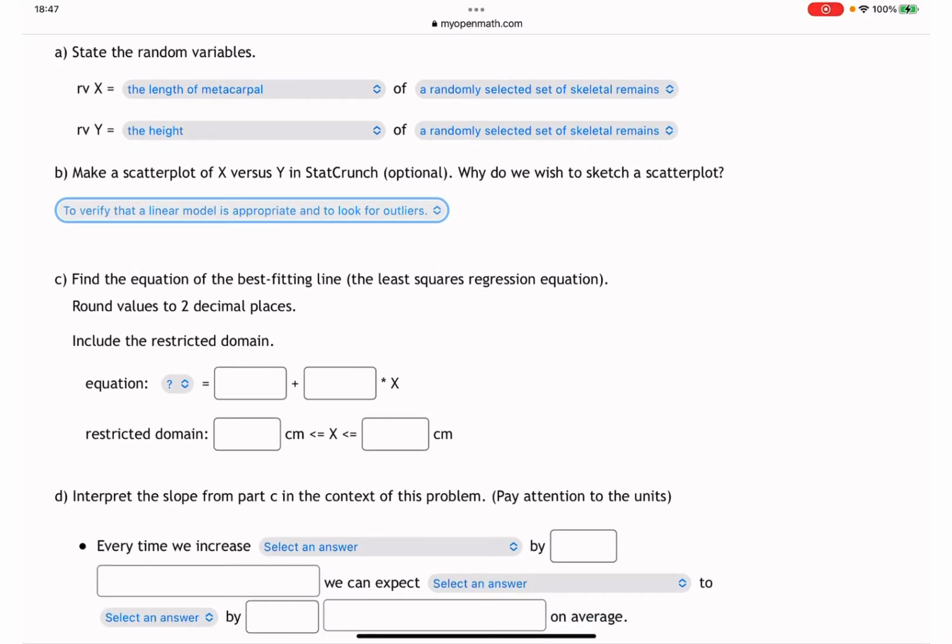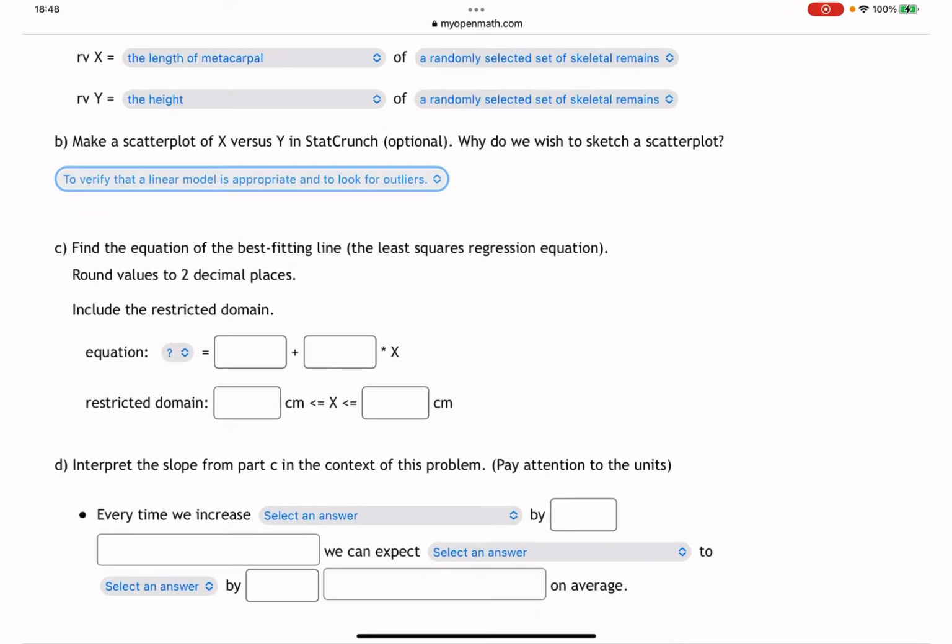Next, moving to part C. Find the equation for the best fitting line, the least squares regression equation. Round values to 2 decimals. Include restricted domain. Okay, this is what we are going to do here.